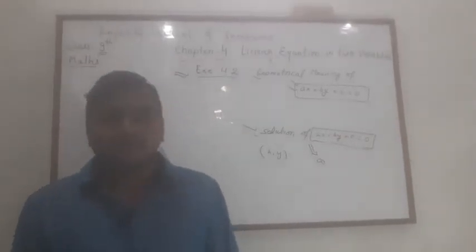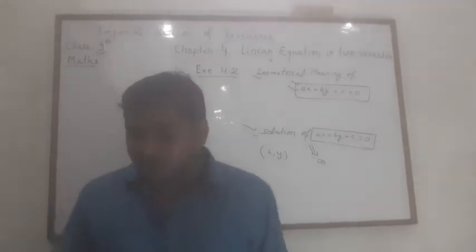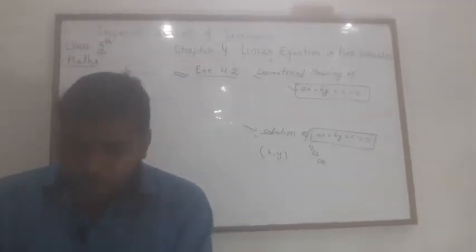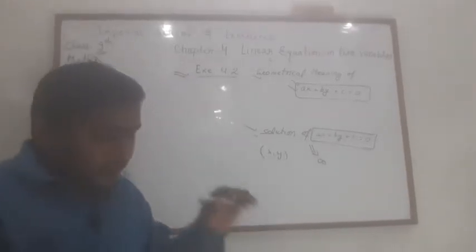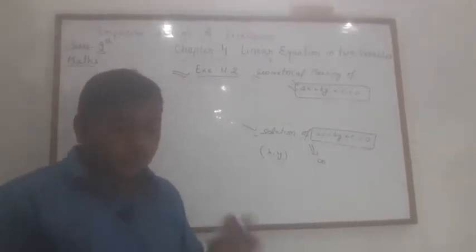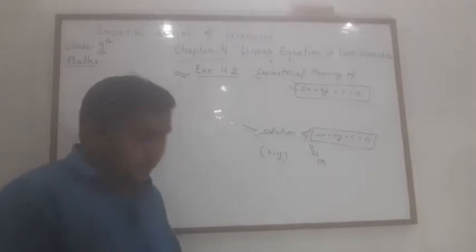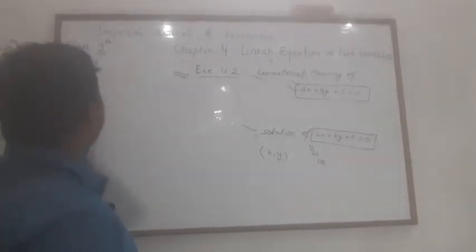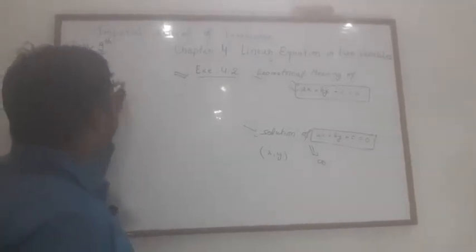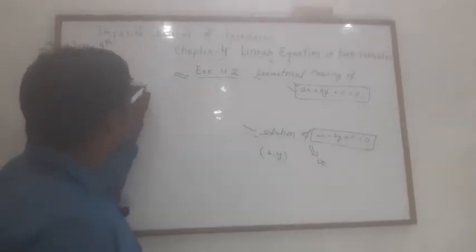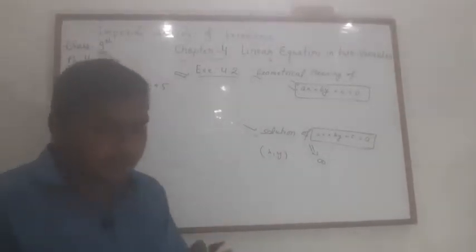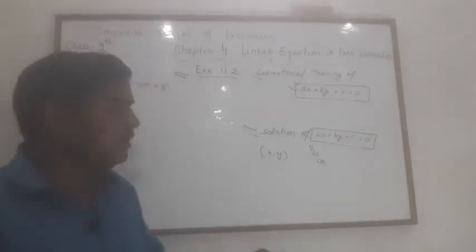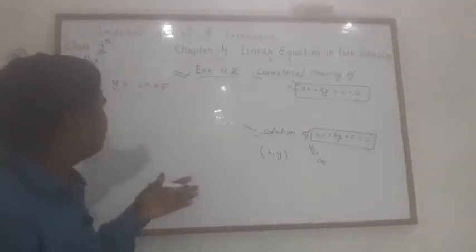So let's see the exercise, question number 1 of exercise 4.2. Which one of the following statements is true and why? Question 1 says that y equal to 3x plus 5 has a unique solution, only two solutions, or infinitely many solutions.